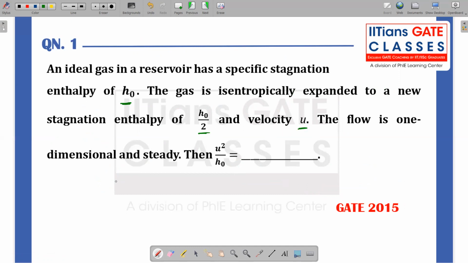The flow is one dimensional and steady, then the value of u square by H naught is equal to what? Technically, they shouldn't have given stagnation enthalpy of H naught by 2 and velocity u, because when I say stagnation enthalpy, that means it is coming to rest. But it's okay to solve this problem.